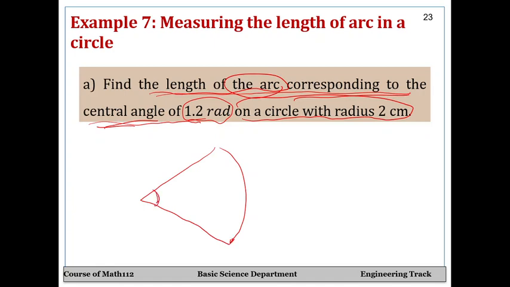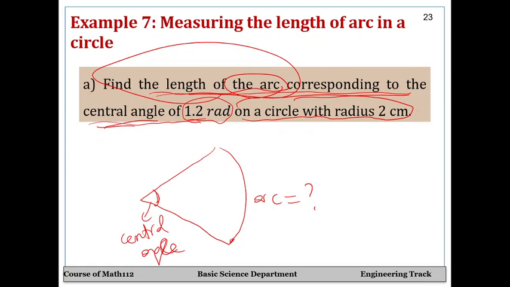So this is the central angle here, and this is the arc corresponding to that central angle, and we don't know this one. We will find the length of the arc, and it corresponds to the central angle of measure 1.2 radian, and the circle has the radius 2 centimeters.